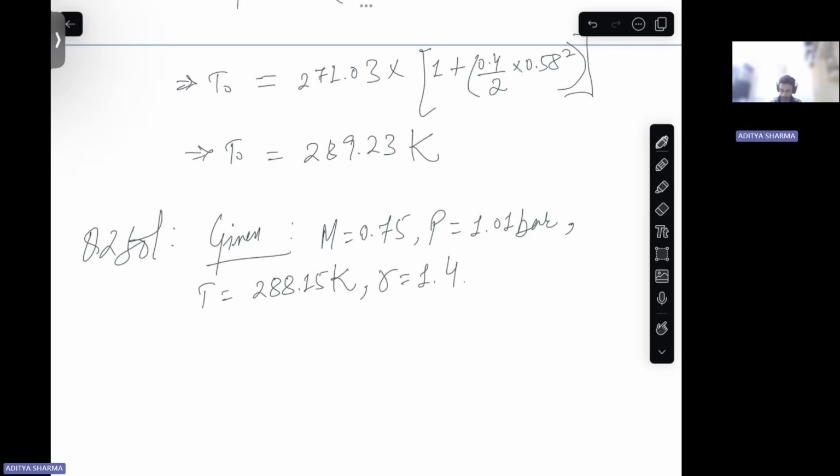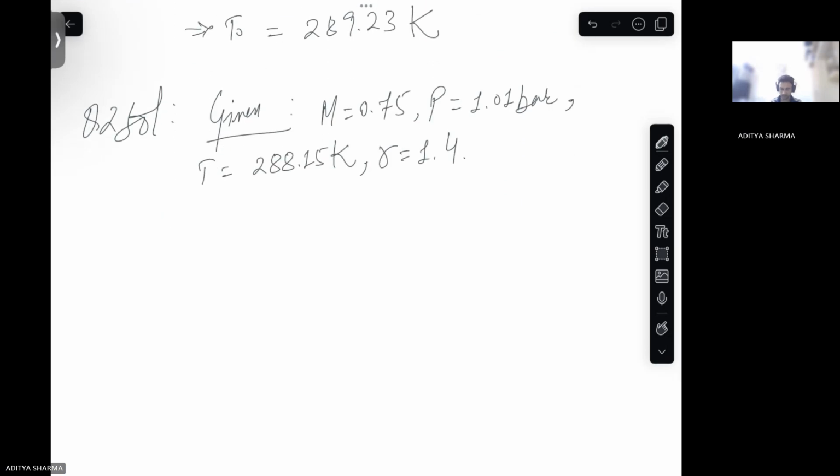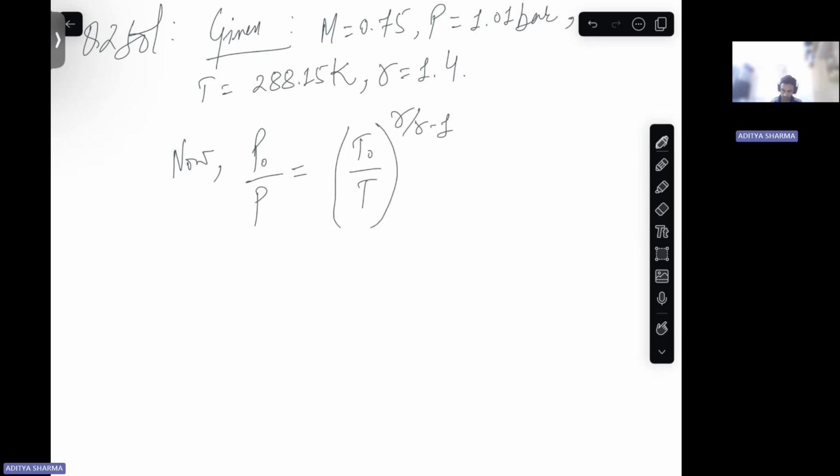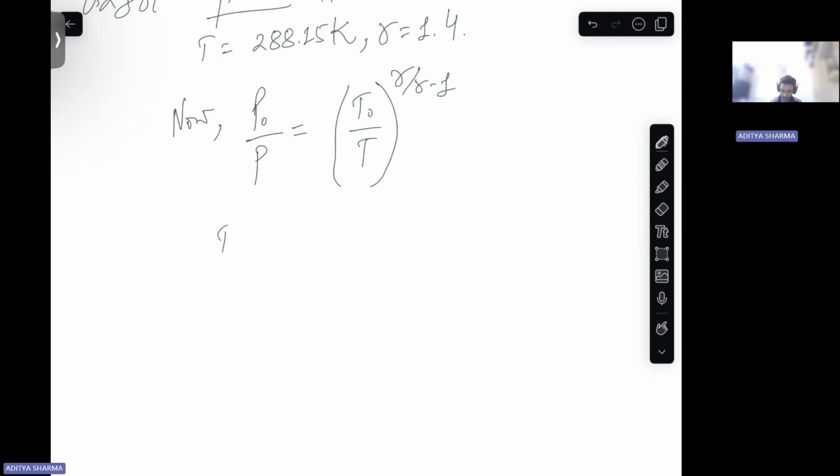Gamma is 1.4. Now using the isentropic relation, P naught by P is equal to T naught by T raised to gamma by gamma minus 1, and T naught by T is 1 plus gamma minus 1 by 2 M square.